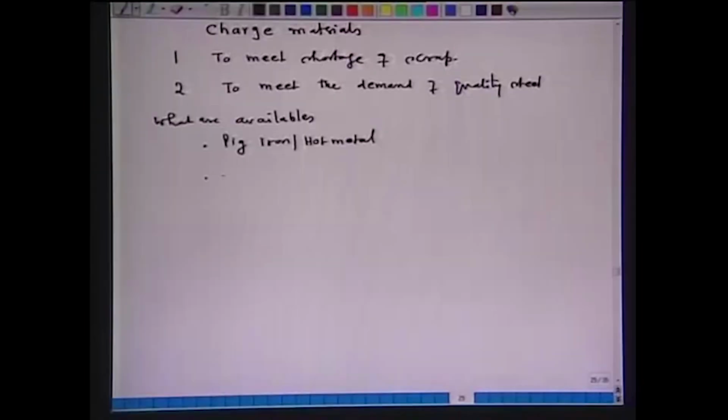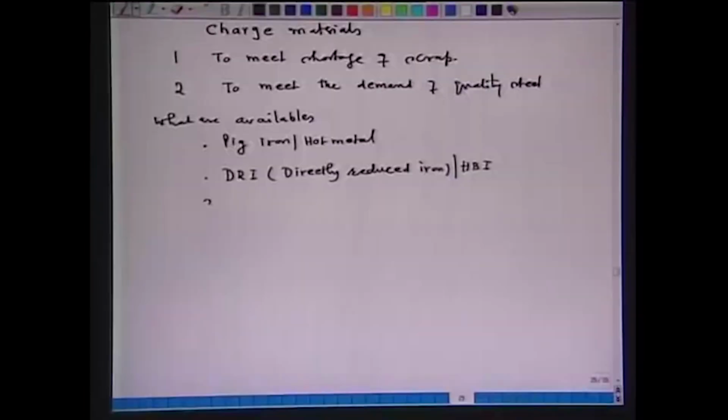Second alternative charged material is DRI, directly reduced iron. Directly reduced iron when it is produced from coal, or HBI, that is hot briquetted iron, when it is produced from natural gas and then it is briquetted. Third is iron carbide, Fe3C.